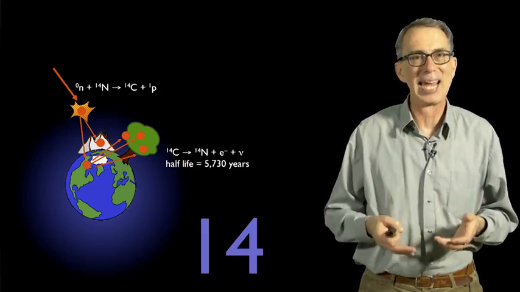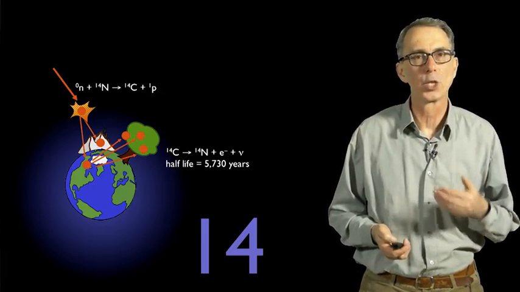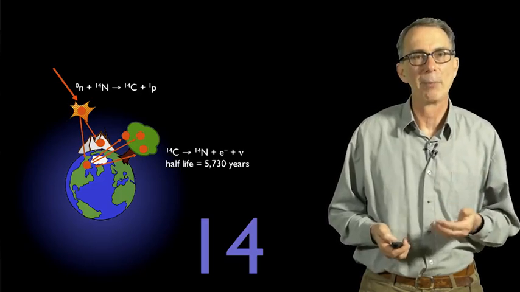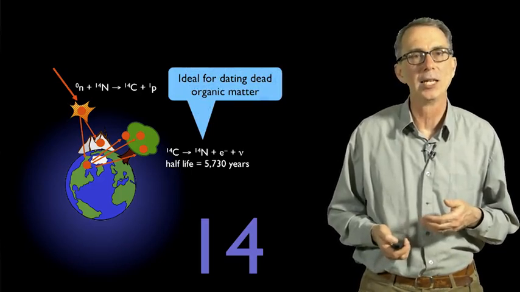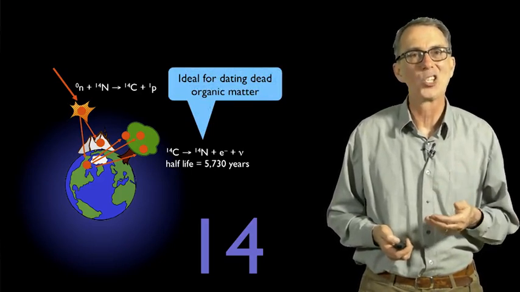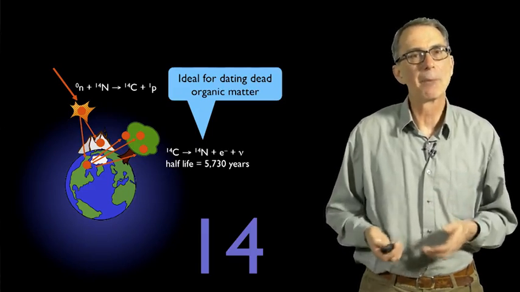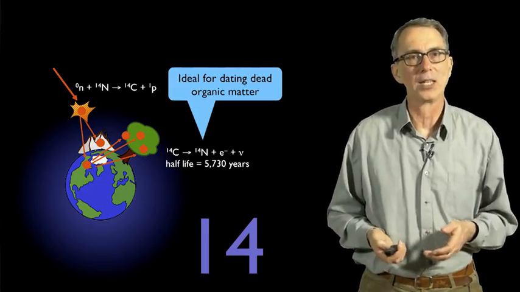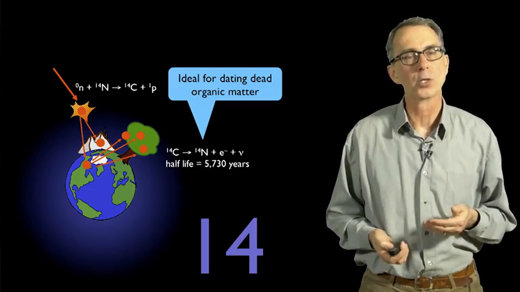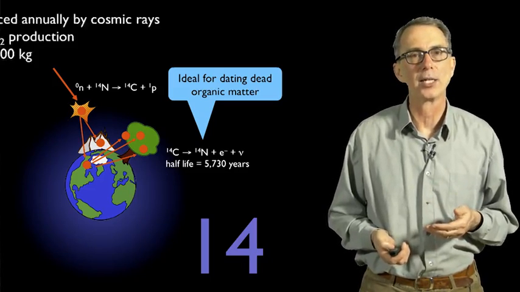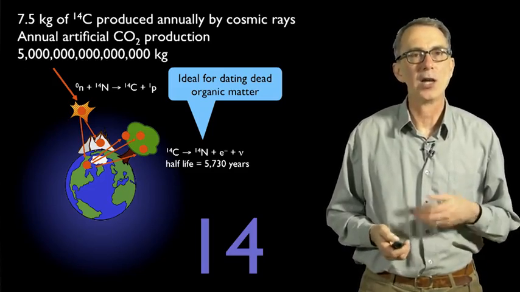For instance, plants that have died will no longer take up carbon-14. They'll lose their carbon-14 because it will decay, and we can use carbon-14 for looking at the age or dating of dead organic matter. This carbon-14 dating is used in lots of things, dating old pieces of wood, but it can also be used for dating carbon dioxide when it's trapped in air bubbles in ice.